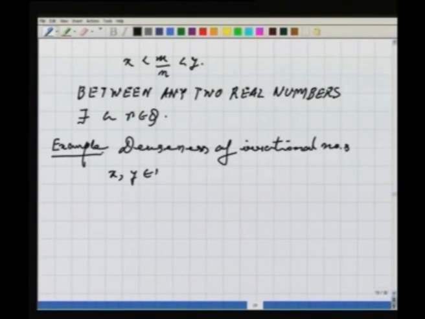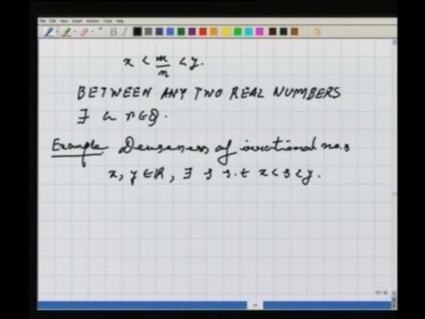Exactly analogous to the rational numbers, I would like to prove that between any two real numbers there exists an irrational number also. That is, if x and y are two real numbers, I want to prove that there exists an irrational number s such that x is less than s less than y.